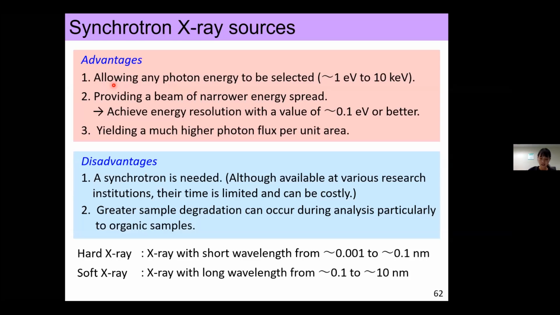On the other hand, disadvantages are these: a synchrotron is needed. Greater sample degradation can occur during analysis, particularly to organic samples. In their study, they used hard X-ray, which has shorter wavelengths than soft X-ray.